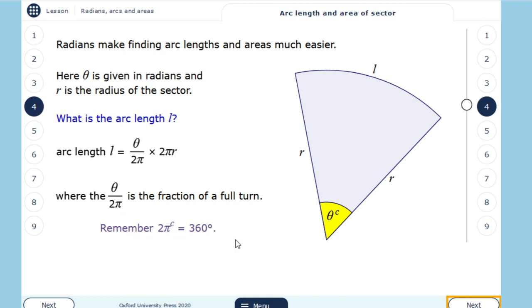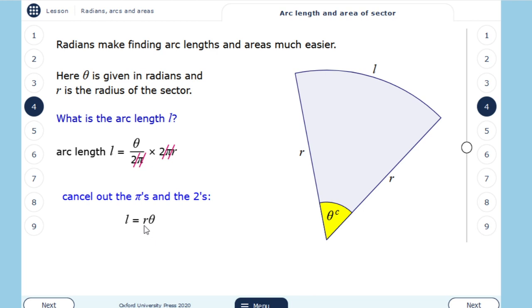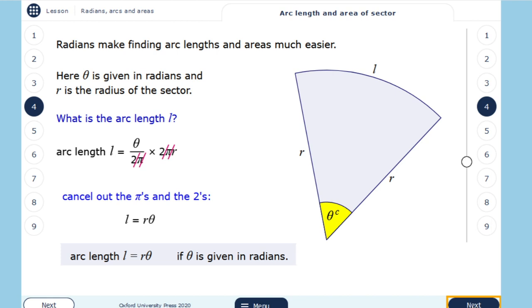Remember that 2π is 360 degrees and 2πr is the circumference. I cancel 2π from the denominator and numerator, and I have that L is r times theta. So you can find the length of the arc just by multiplying the radius times theta in radians.